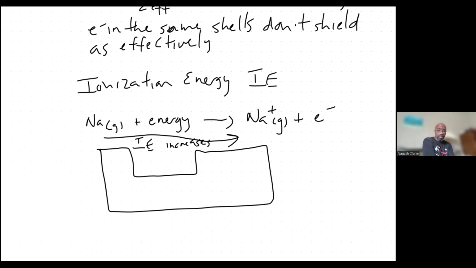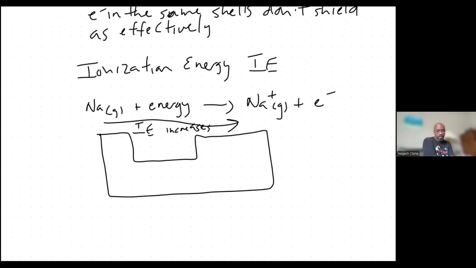which makes sense because my effective nuclear charge, if you recall, is also increasing. So I have stronger nuclear attraction as I go across, therefore it's going to be harder to take electrons. The effective nuclear charge decreases as I go down.